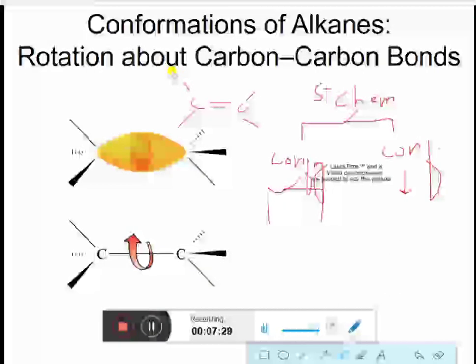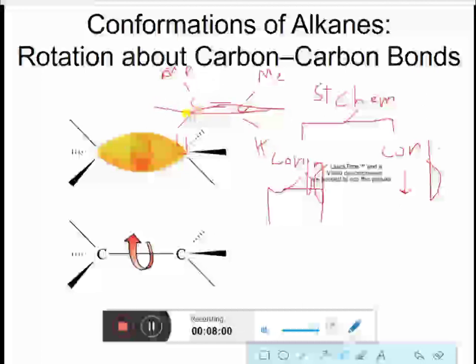For instance, here is a methyl, here is H, and here is again methyl and here is H. So this is the cis, and in the trans you see the two substituents will be on opposite sides.